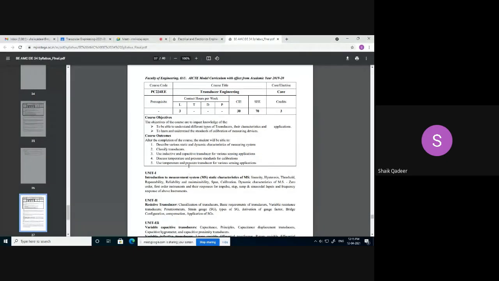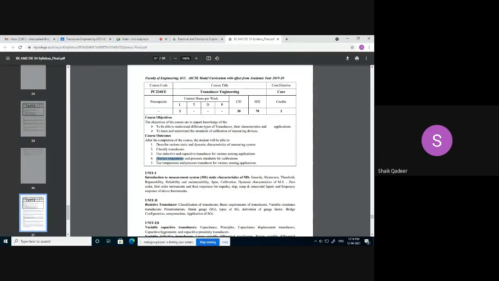And at the end of Unit 4, the student will be able to use temperature transducers for various sensing applications.